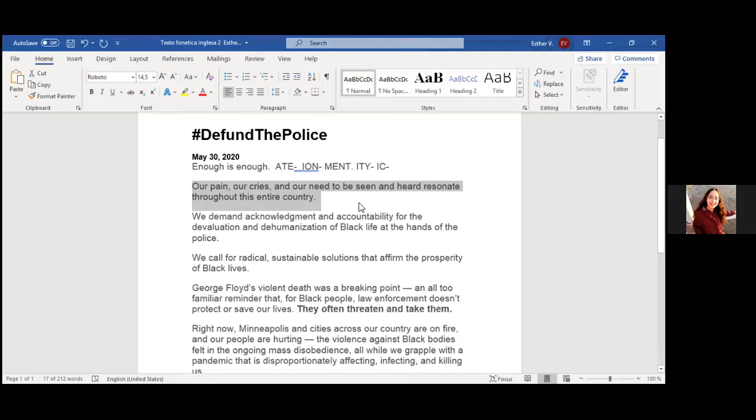So, William, can you tell me which suffixes are in this phrase?